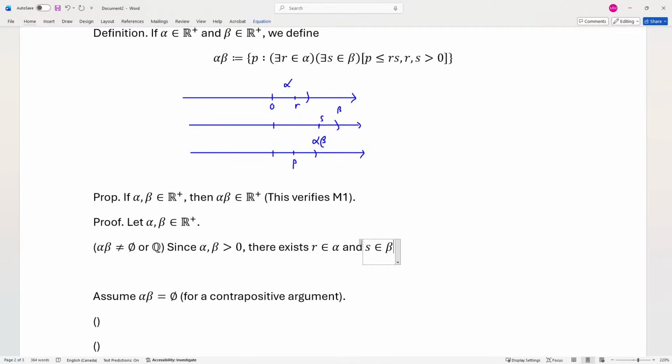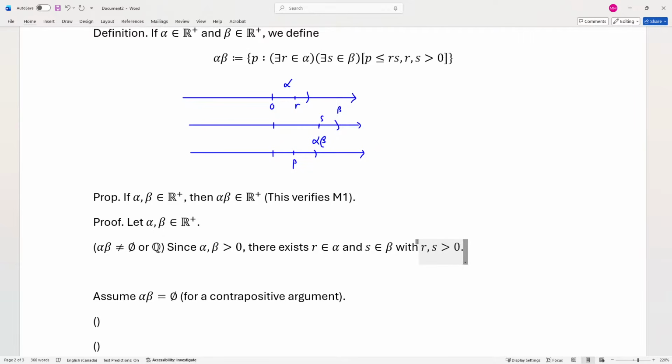Okay, no worries. So here we have alpha and beta, both positive. There exist R and S in these two sets, with R and S both positive, not equal. So we can just pick P equals 0 then. Zero satisfies this property.